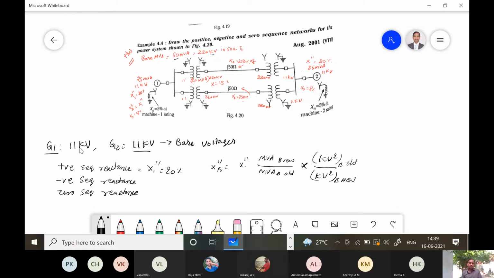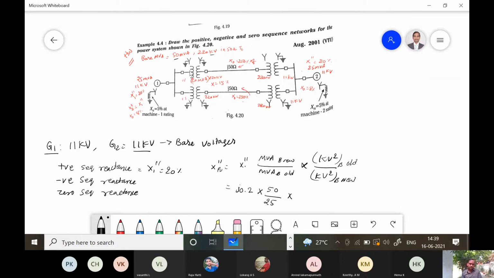On the generator side, what is the generator MVA? 25 MVA is the generator MVA, and X double dash is given as 20%. So that is equal to j0.2 multiplied by MVA base new, which is 50 MVA, and the old base of the generator is 25 MVA, multiplied by kV squared old by new.